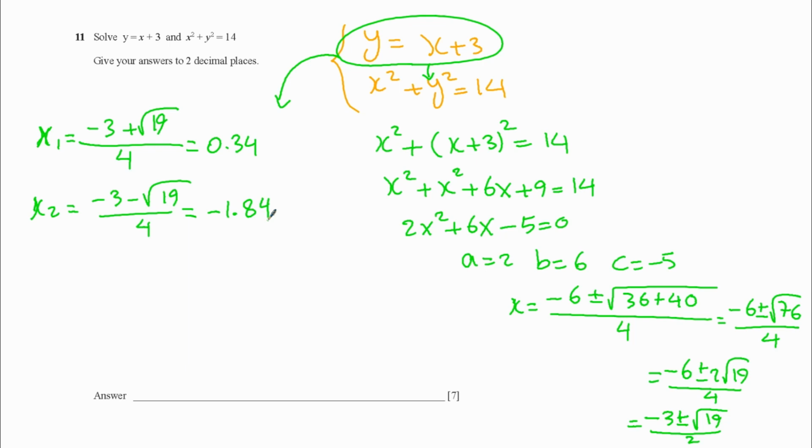So our set of answers would be: x1 equals 0.34 and y1 equals that plus 3, which is 3.34. x2 equals minus 1.84 and y2 would be that plus 3, which would be 1.16. So we have 2 sets of answers. In a way, we have 2 points.